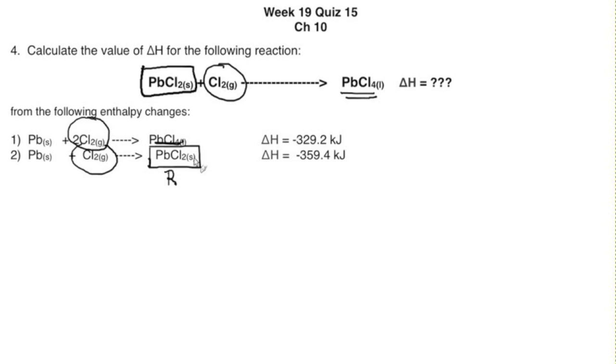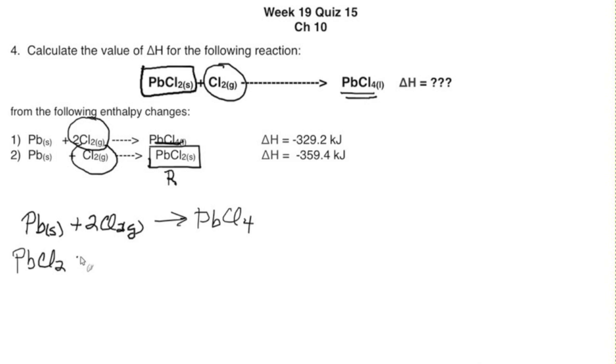So I'm going to rewrite these. The first one stays just like it is. Plus 2Cl2 yields PbCl4. Second one has to be reversed.